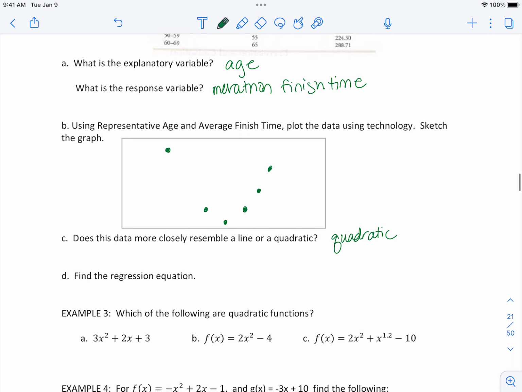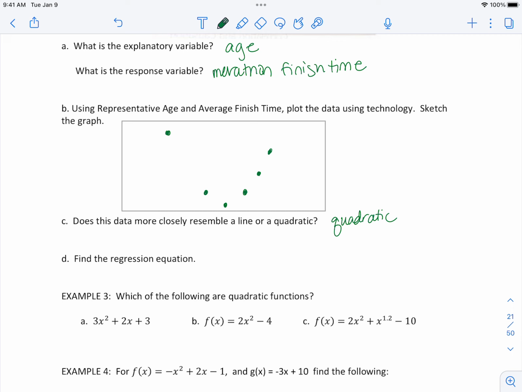So when we do this, it's similar to linear regression. You're going to do y1 tilde ax1 squared plus bx1 plus c. So again, that's what we're going to enter into Desmos. So let's go do that.